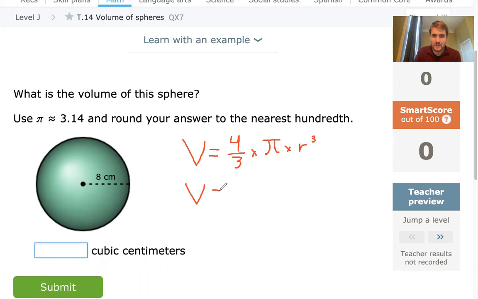We'll just leave that as V. 4/3, we will just keep as a fraction. You can do this in your calculator as 4 divided by 3. It's going to be 1.3333 going on forever. Pi, it tells us to use 3.14. So that is what we're going to do. And for r, of course, we will put in the radius, which is 8. 8 cubed.